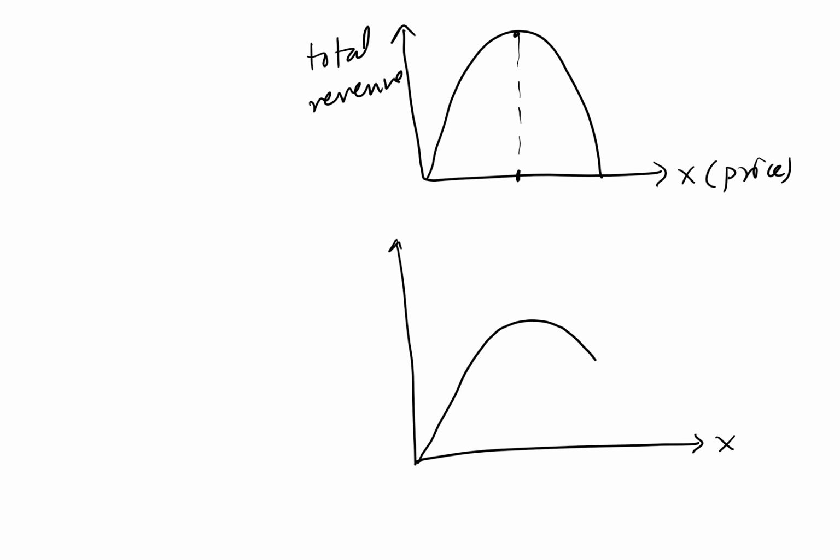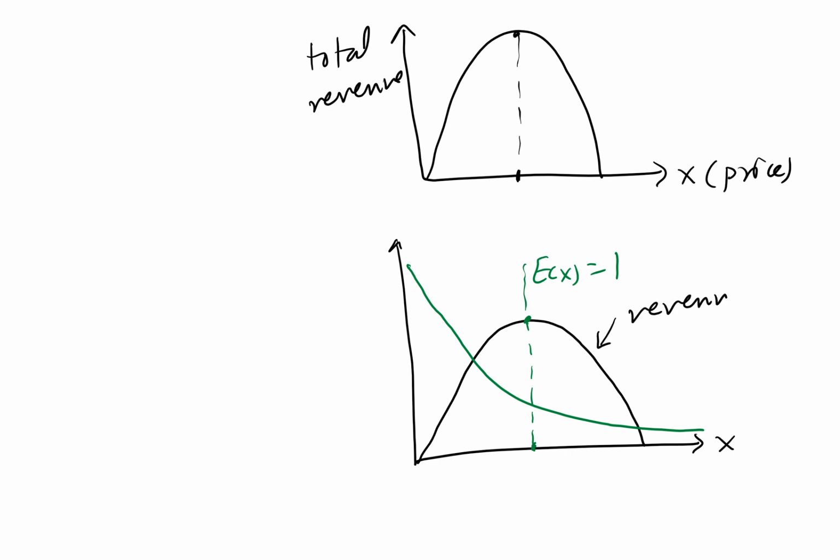This is the total revenue, and this was the demand function. At that point, that's when E of x equals 1. So E of x equals 1 gives us the maximum revenue. And that's why we can represent both of them on one graph. That's the revenue, and the other one is the demand.